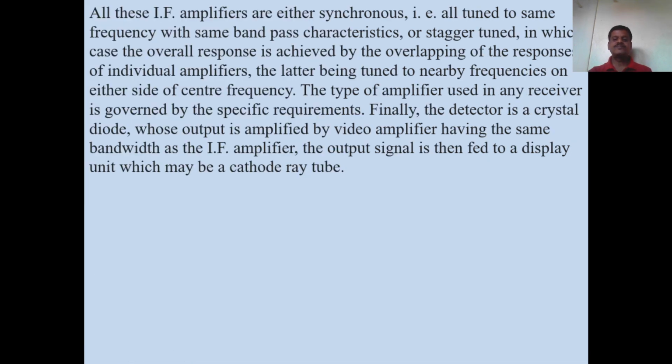In this way, the display unit may be the cathode ray tube or the monitor, and which can display the information about the target. In this way, this receiver, that is the pulse radar receiver, works.